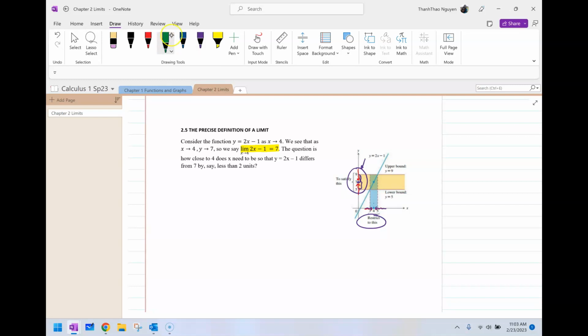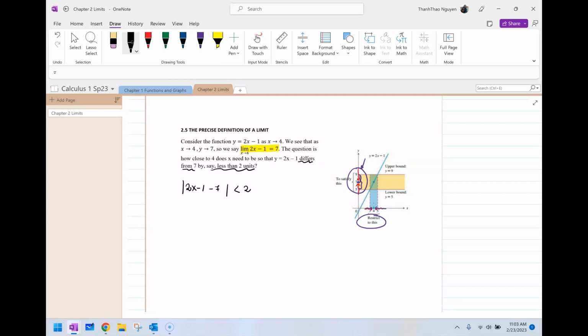Okay. So recall our distance. Well, we want our function to be 2 units away from 7, 2 units different from 7. So the absolute value of 2x minus 1 minus 7 has to be less than 2, less than 2 units from 7. Right?